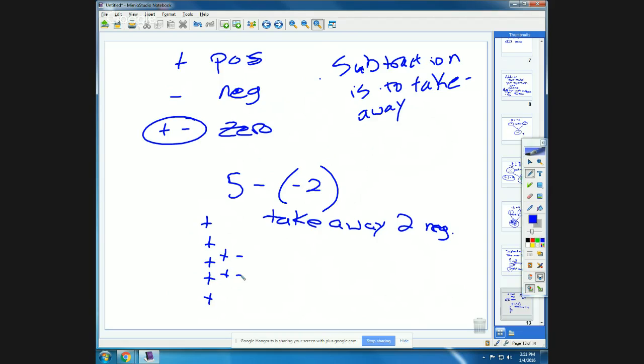That's still 5, isn't it? Net charge. Now I'm in a position where I can take away 2 negatives, yeah. So I had to rebuild with zeros. And so now I can take away those negative 2's.